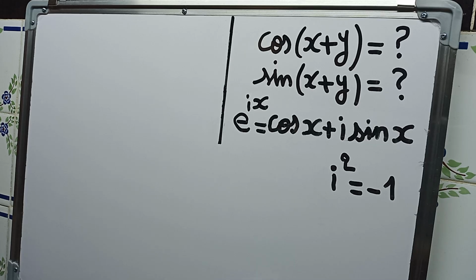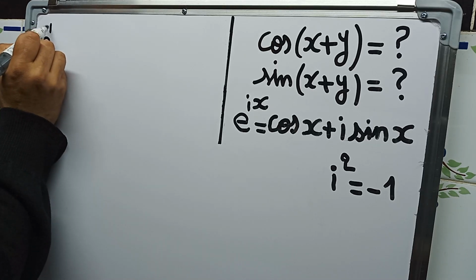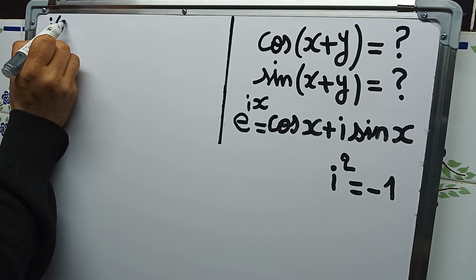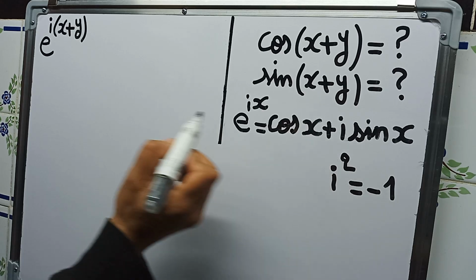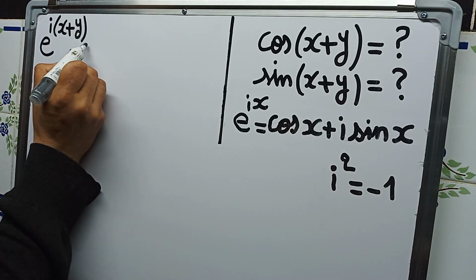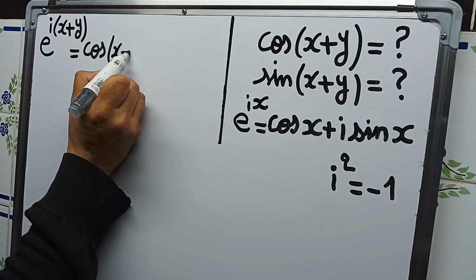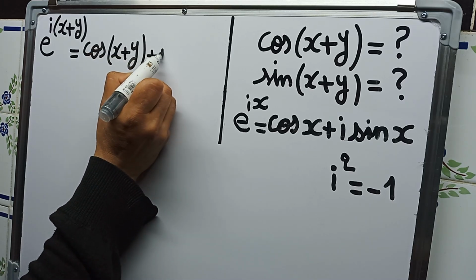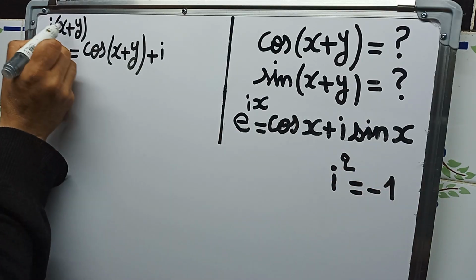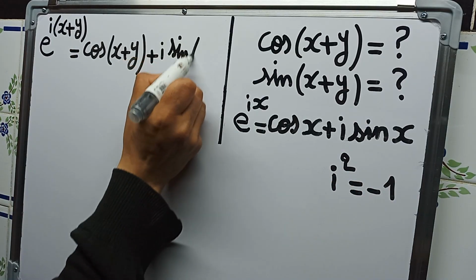So let's just start. We have e^(i(x+y)), using Euler's formula, equal to cosine(x+y) plus i sine(x+y).